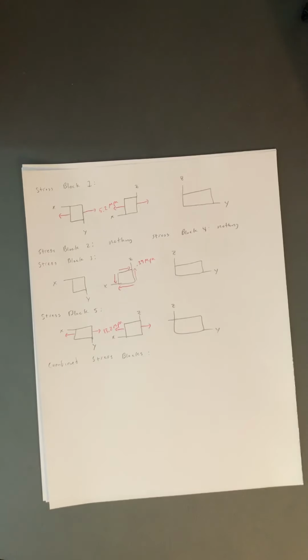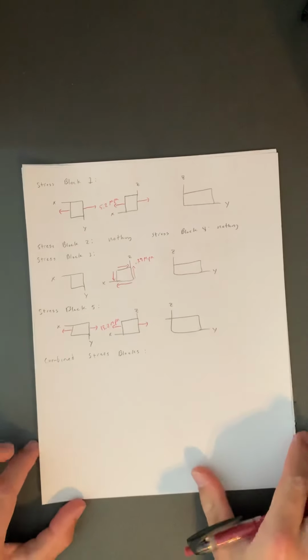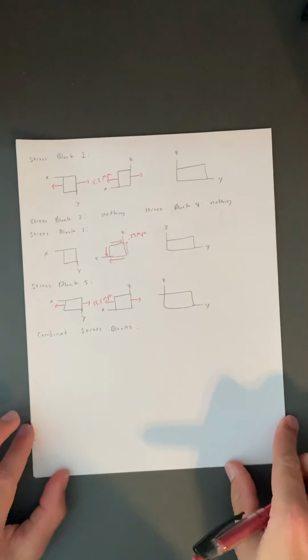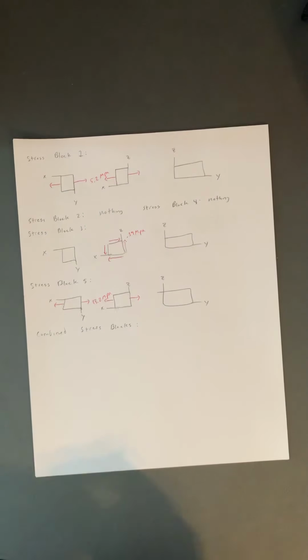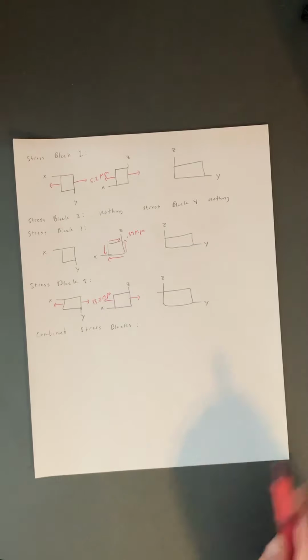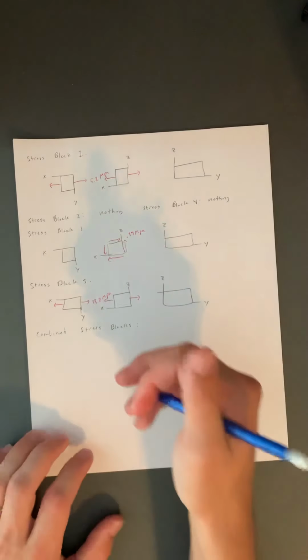And we can use the max stressed block to solve for the principal stresses. We could do that by using Mohr circle, or we can just simply use the equations that come with Mohr circle, and those are the principal stress equations, and I will be using those. But first, we're going to have to combine these.